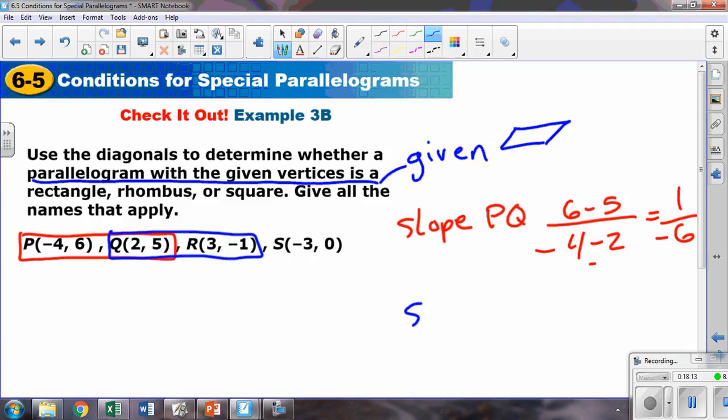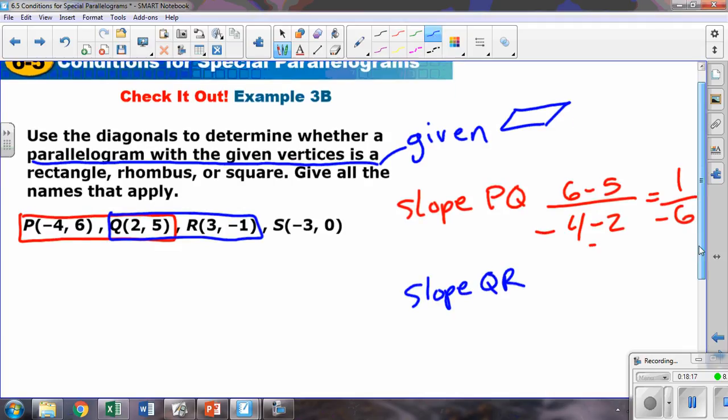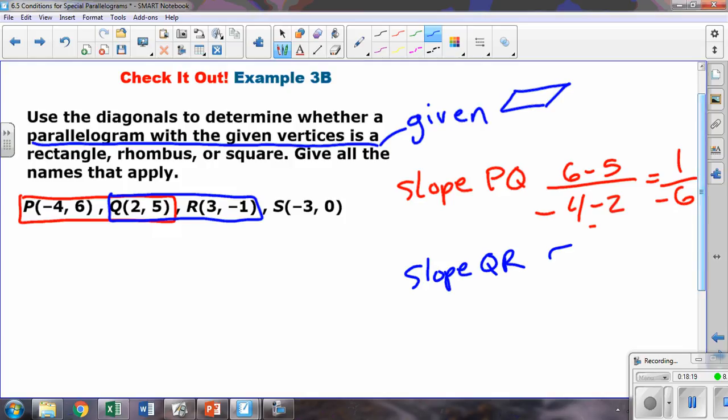Checking the slope of QR, 5 subtract negative 1, 2 subtract 3, gives us 6 over negative 1.